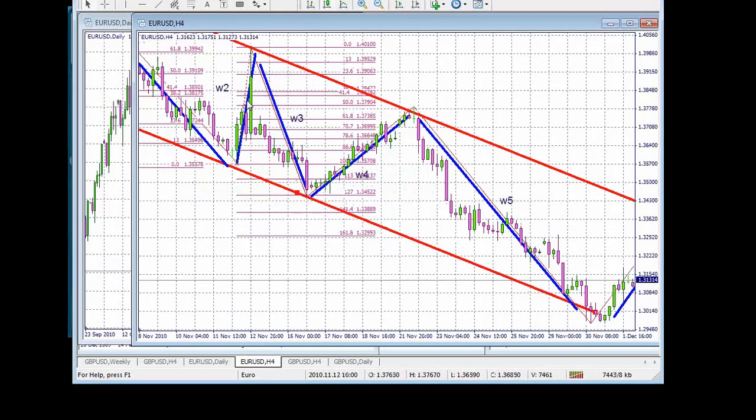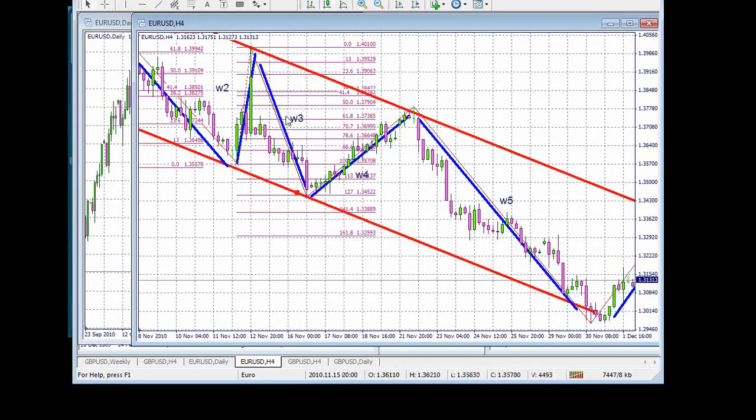So those moves were composed of one strong move on that candle and something more like a consolidation, but at the end the market decided to complete wave 3 and start the new wave.